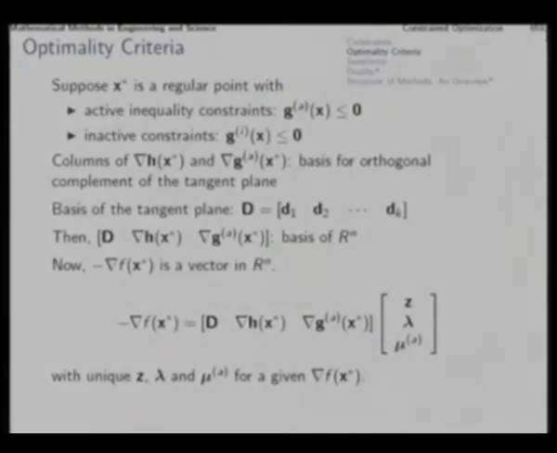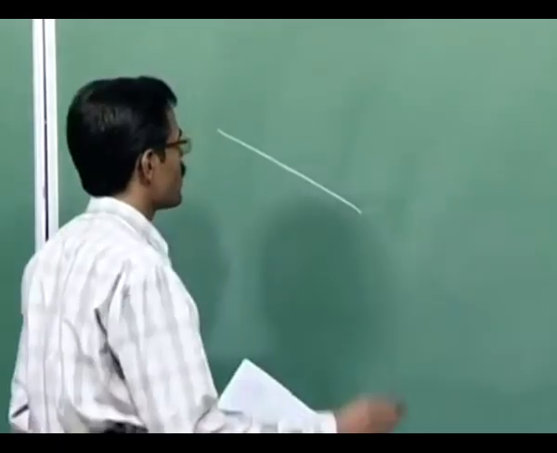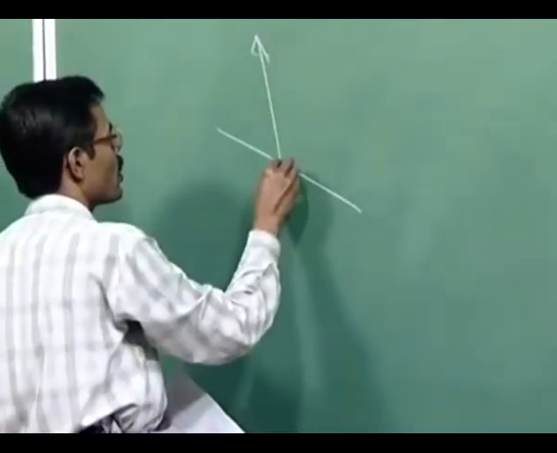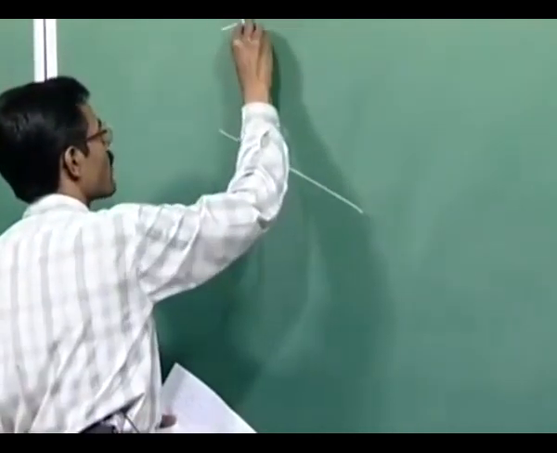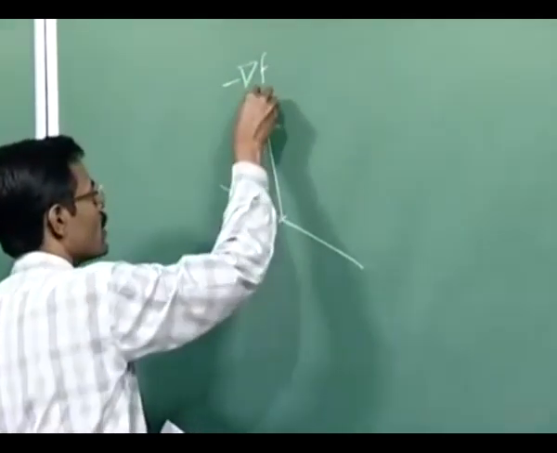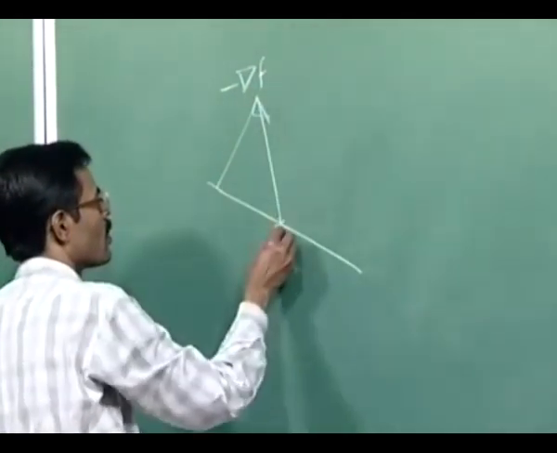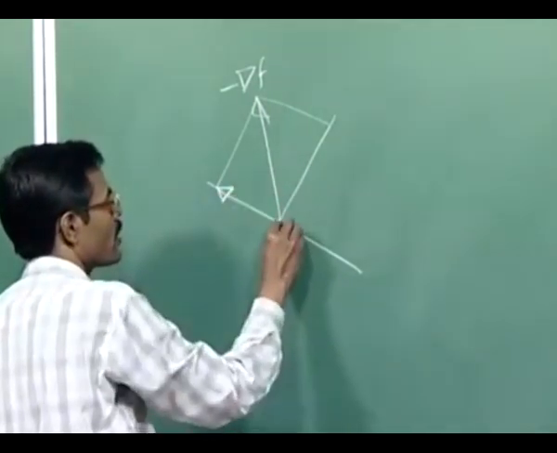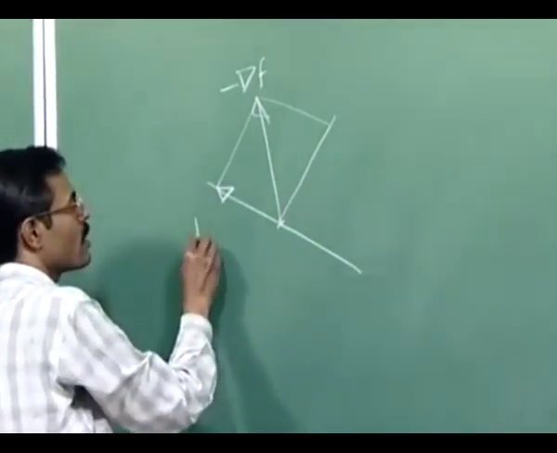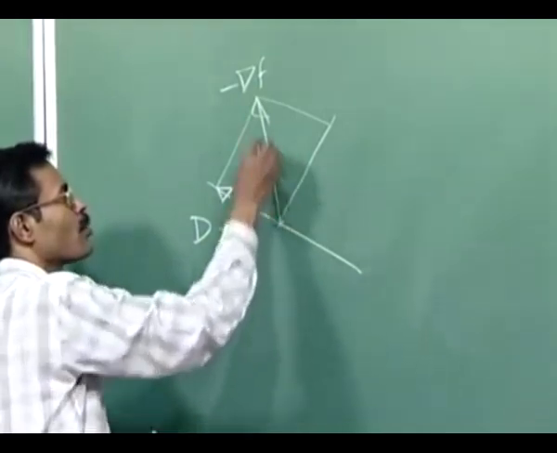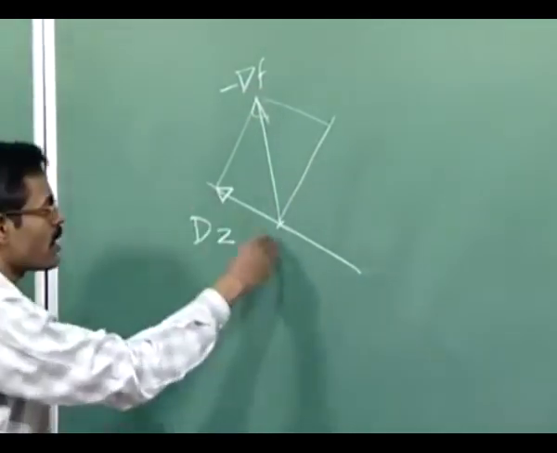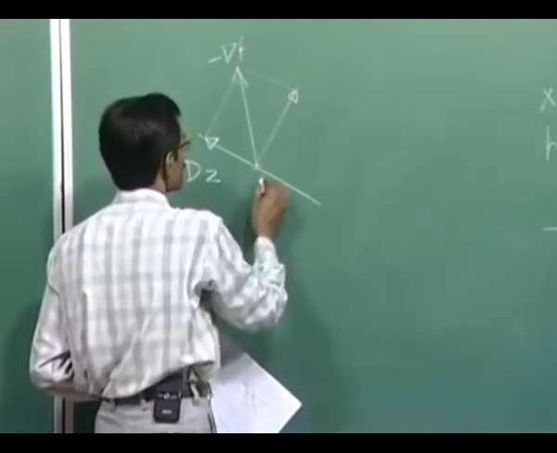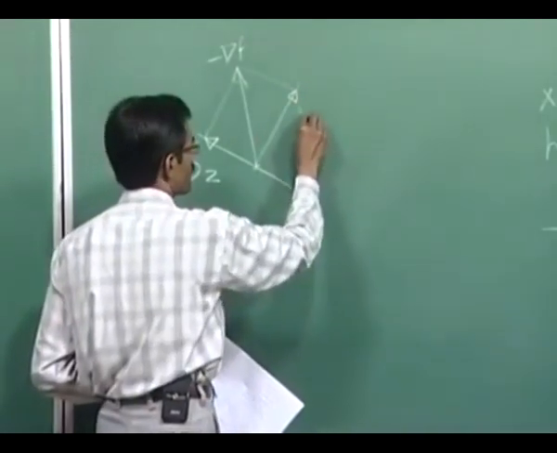So, if this is the tangent plane and this is the negative gradient, then this vector is dz, the component of the negative gradient in the tangent plane, and this vector is the rest of it.